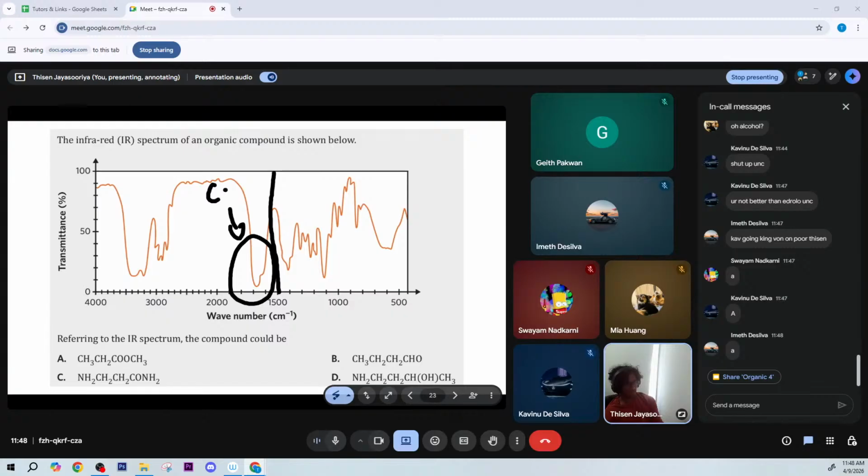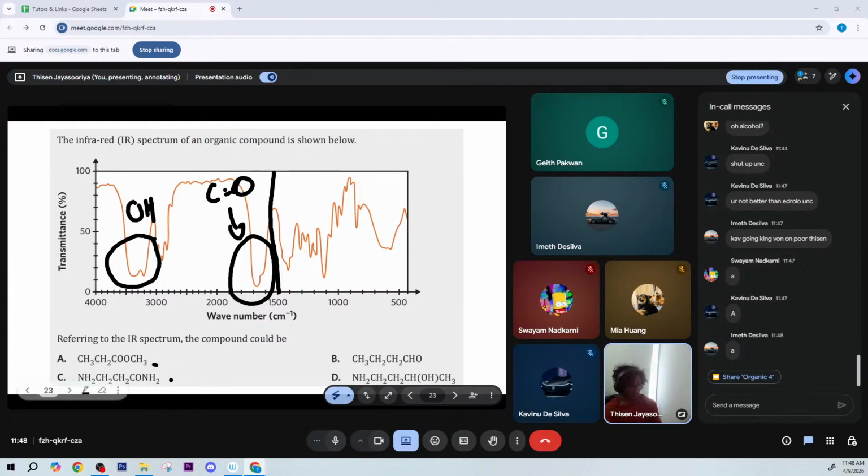This represents the C double bond O. This one over here could either be, it looks like an OH alcohol. However, there's no carbon-carbon double bond with an OH alcohol in this.